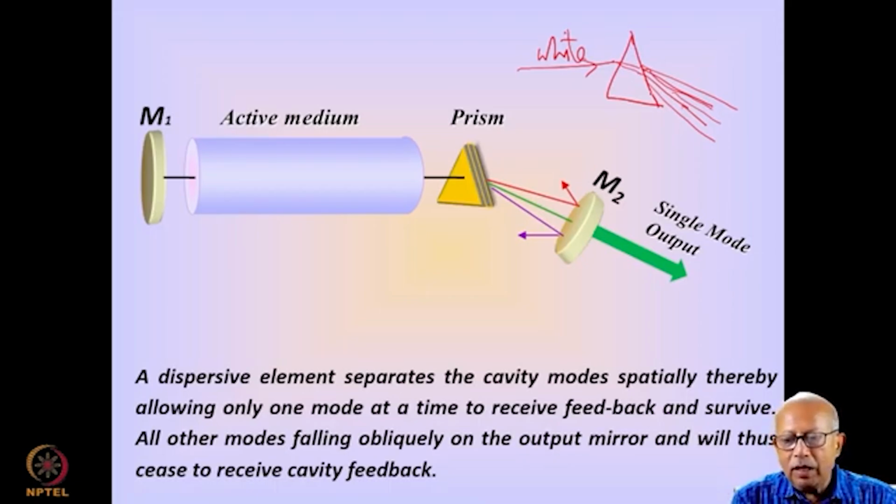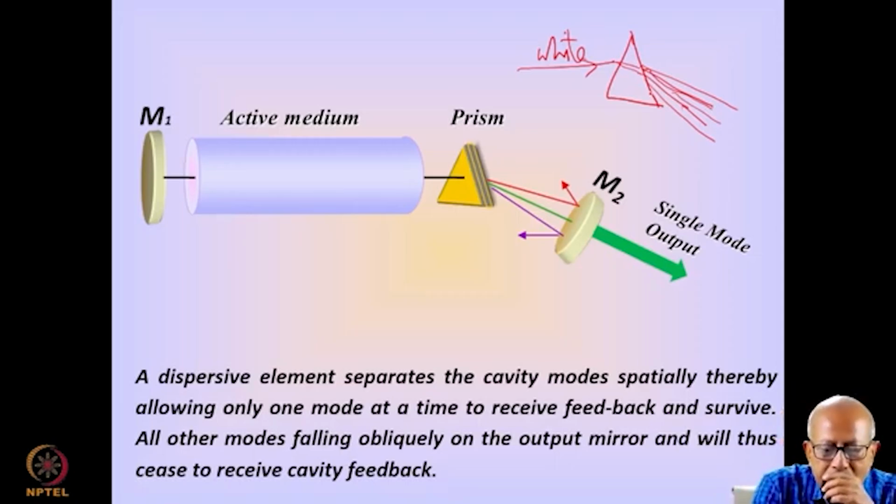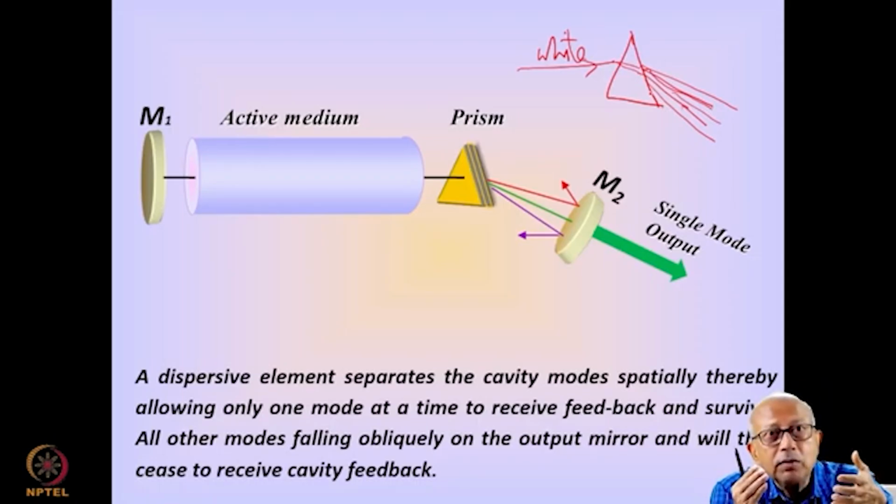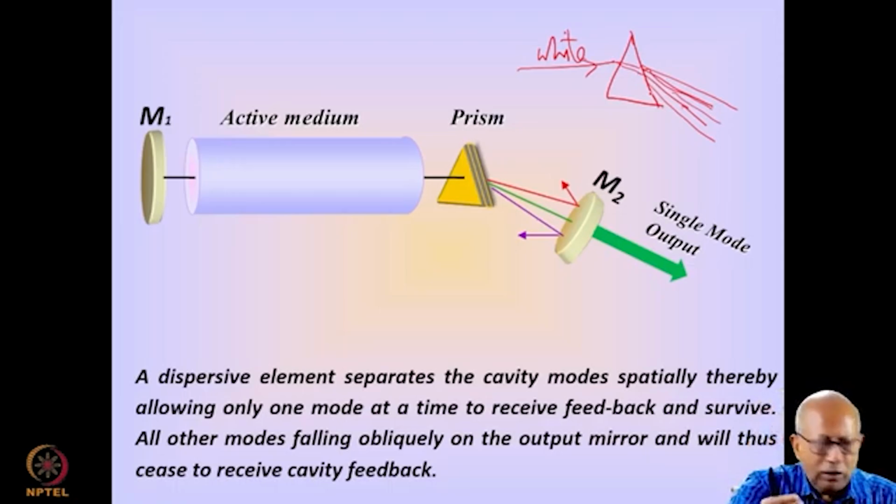You see, in the beginning, in this active medium, oscillation begins from spontaneous emission. In the spontaneous emission, you have all the wavelengths present, and out of these wavelengths, those modes initially, say there are 5 modes that we saw would lase in that laser if there were no prism.